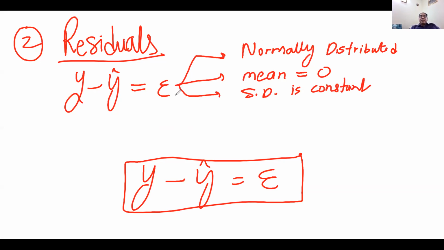And it should have no information. So these are the properties of the error term that should be fulfilled by the regression model. The error term should be normally distributed, the mean should be 0, the variance or standard deviation should be constant, and this error term should not have any information lying in it.